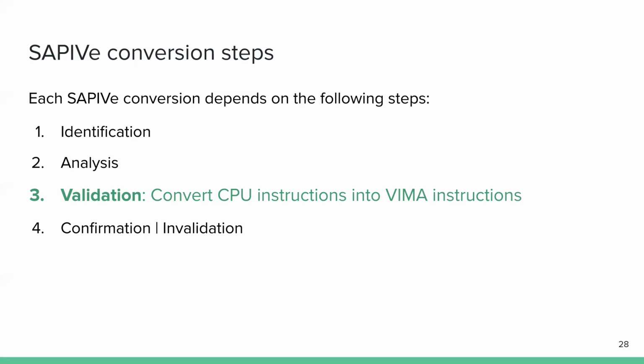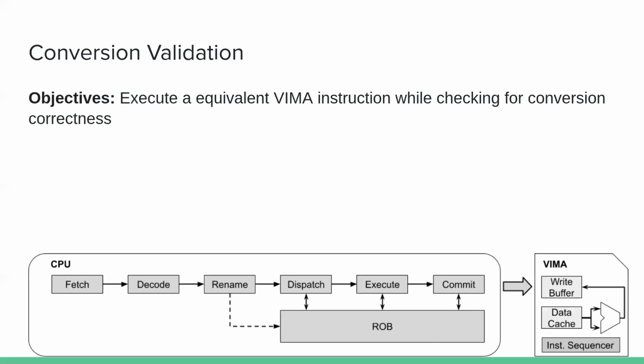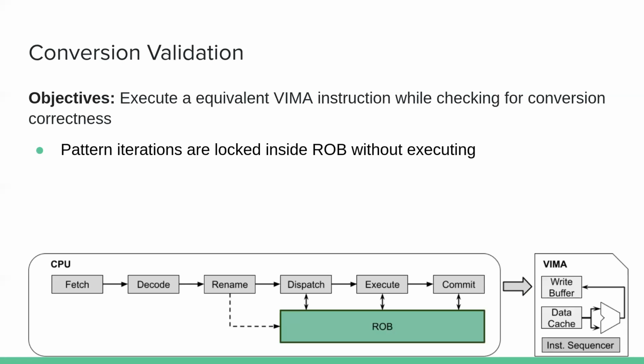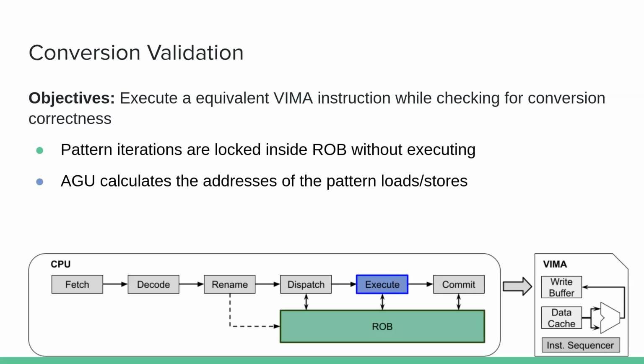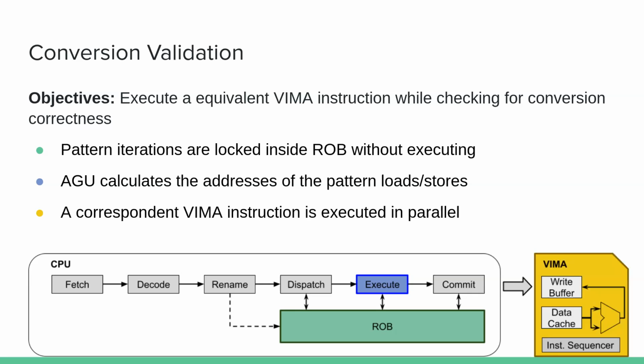The third step, validation, converts the CPU instructions into a VIMA instruction. And this is done by locking all the pattern instructions inside the ROB without executing. While they are locked, they do calculate their memory address accesses, and a corresponding VIMA instruction is executed.